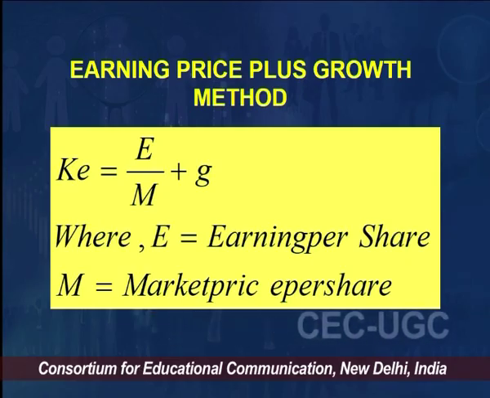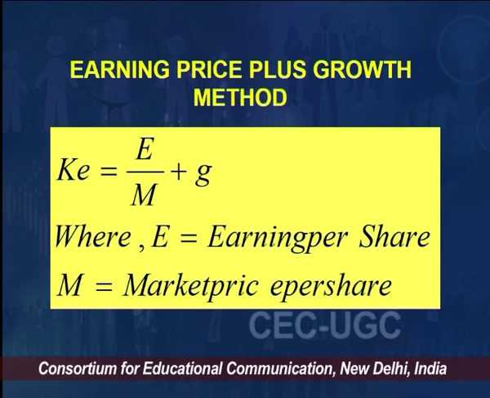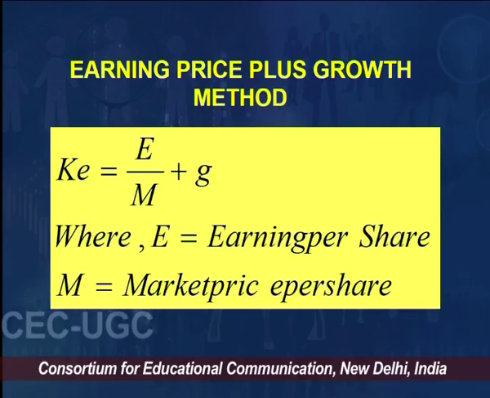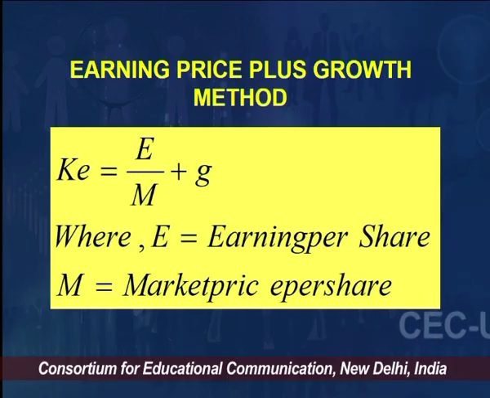If it is not given, then we calculate it by multiplying B with R, that is, B into R, retention ratio and rate of return on equity. R is the rate of return on equity and B is the rate of retention. If we multiply both the rates, it gives us the growth rate, if the growth rate is not given in the problem.